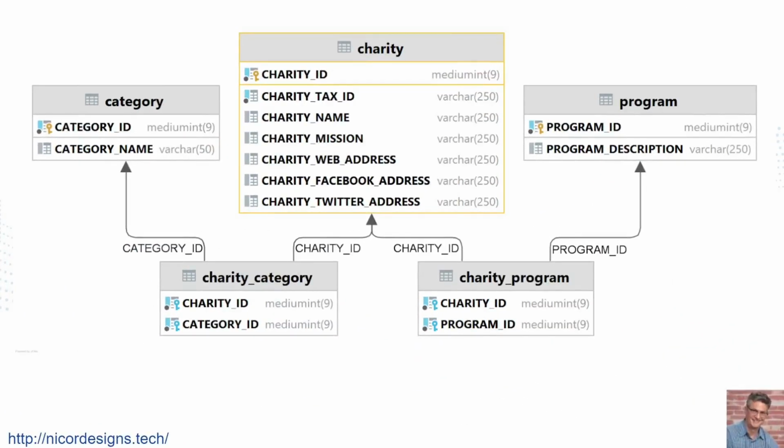Here is the high-level answer to what does our database structure look like. This is the starting entity relationship template. We see we have the charity categories, charity program, and their relationships.